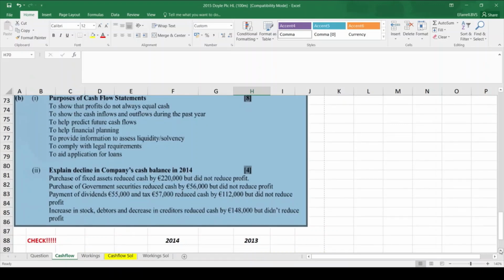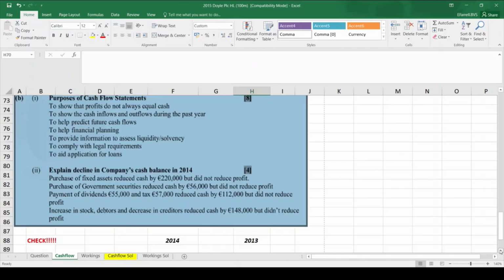Why has it decreased? Because the purchase of fixed assets reduced cash by 220,000, but did not reduce profit, because it's not an expense, it's an asset. The purchase of government securities reduced cash by 56,000 for the same reason. The payment of dividends 55 and tax 57 reduced cash by 112, but didn't reduce profits.